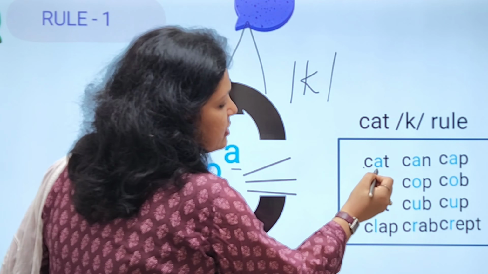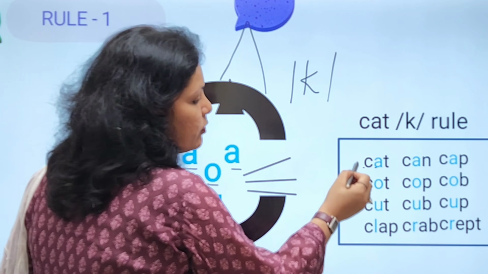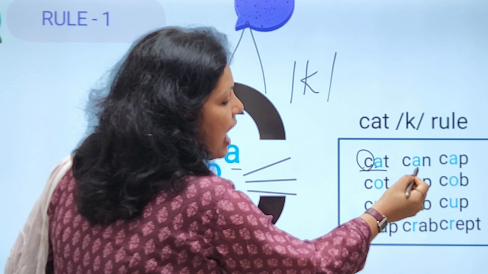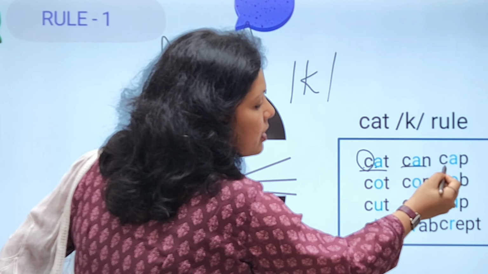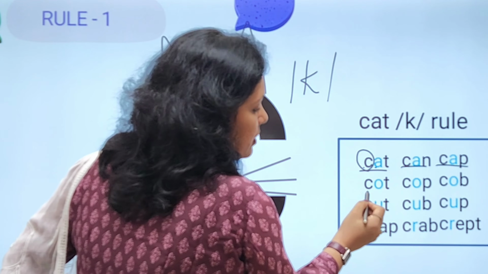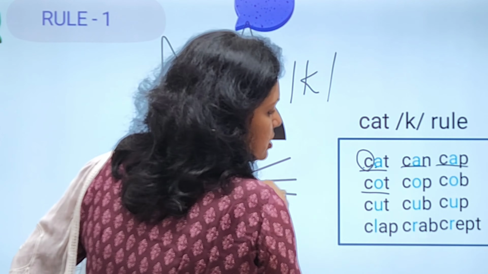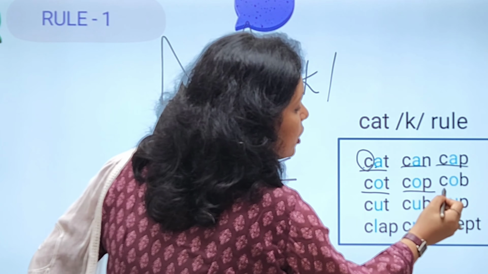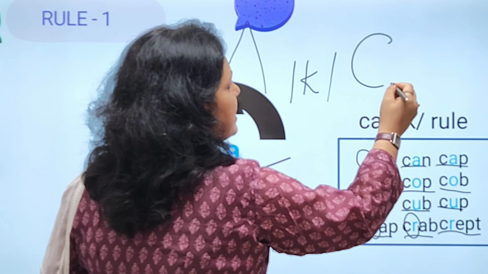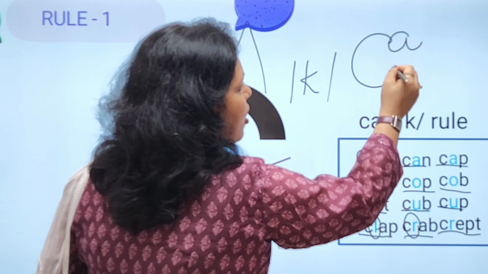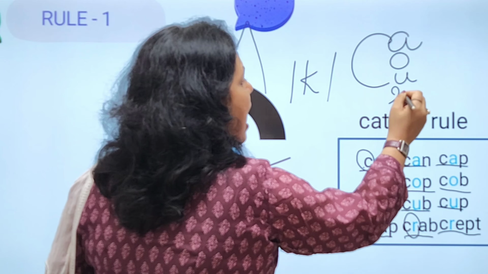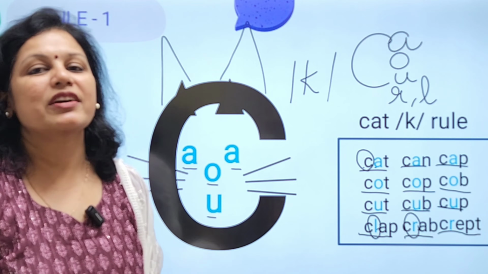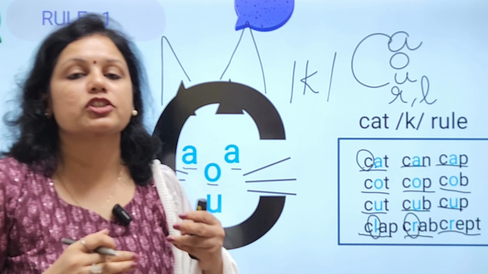Since the letter C is followed by the letter A, it will give you the sound of K. At, cat. K, an, can. K, ap, cap. K, ot, cot. K, op, cop. K, ob, cob. If the letter C is followed by the letter A, O, U or R and L, it will always give you the sound of K. So this is the first rule.